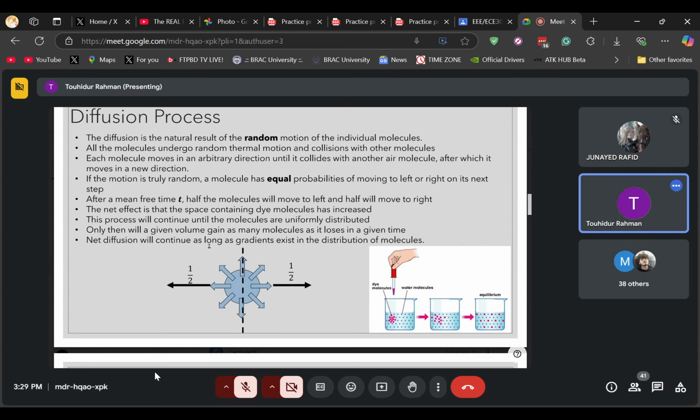So 50% of the particles will move towards the right. When I say right, that also includes upright, like northeast, northwest, etc. Whatever is on the right side of this dotted line. Even if it moves this way, it will be on the right side. So that's what I meant by right side.